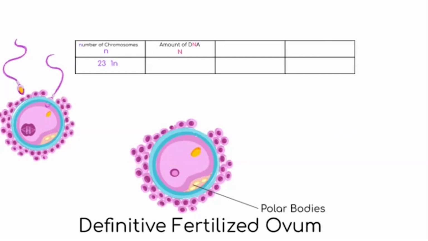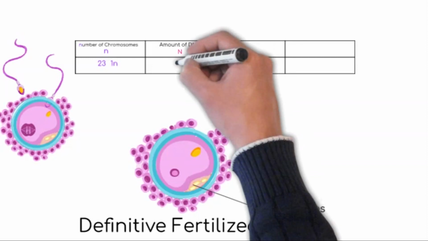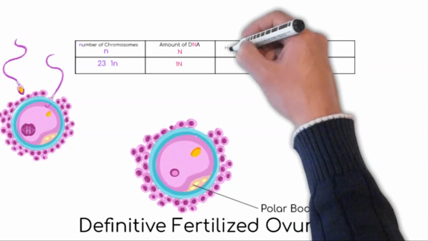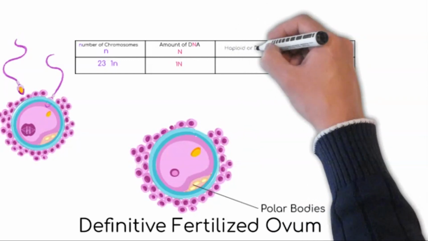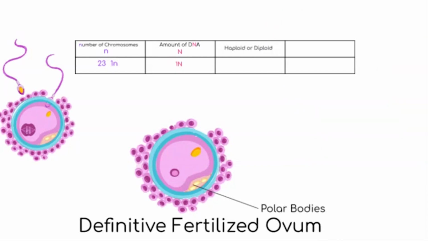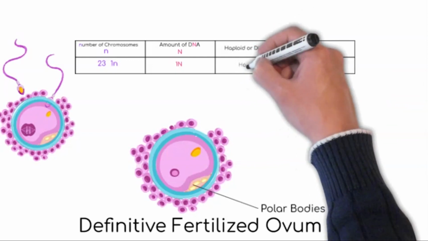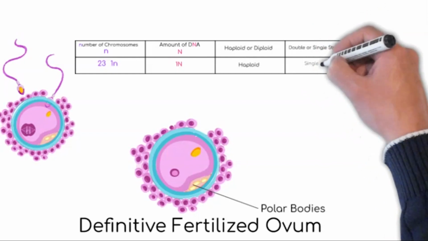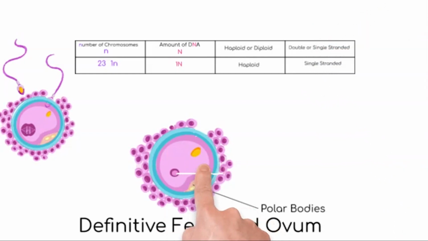What was it before when it was double structured 23 chromosomes? It was 2n. So now we have single structured chromosomes. So how many capital N would it be? 1 capital N as well. So that's the amount of DNA. And is it diploid or haploid? Haploid. Very good.